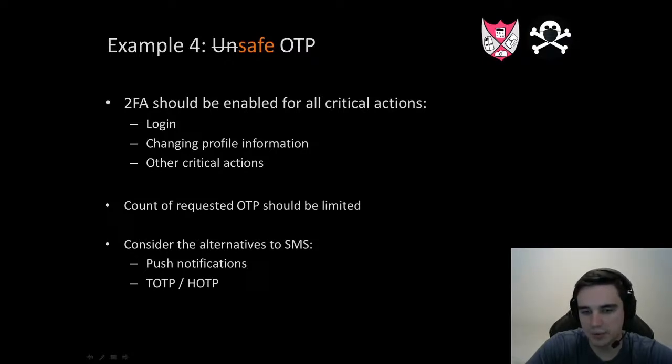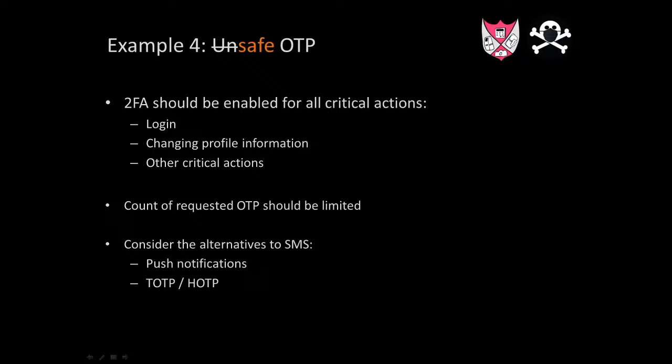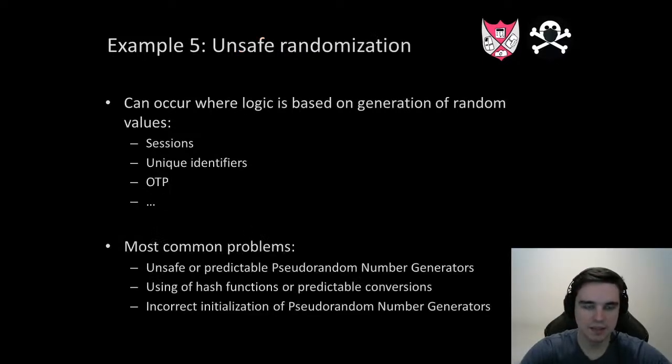Sometimes it is very critical because in the case of SMS or push notifications, the client will get a lot of messages about that and understand that something is wrong, and maybe call support, and support will call security information specialists, and so maybe the attack will be stopped. But in the case of TOTP and HOTP, it doesn't work like this. The next vulnerability is unsafe randomization.